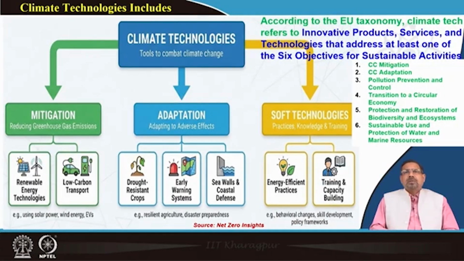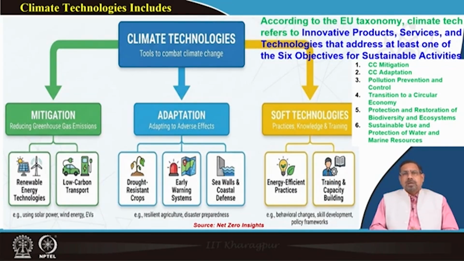So according to the European Union taxonomy, climate technology refers to innovative products, services, and technologies that address at least one of the 6 objectives for sustainable activities. First, climate change mitigation. Second, adaptation.